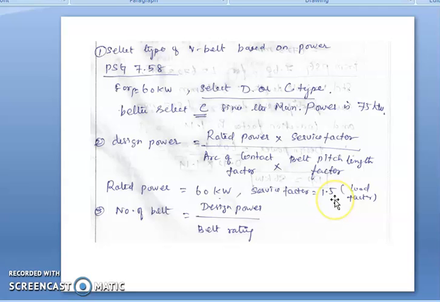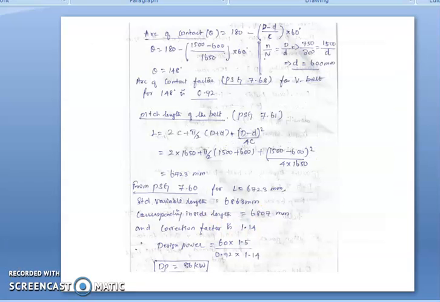So the service factor is 1.5 and the rated power we know. Here we have to find out the angle of contact factor, then the belt pitch length factor. For that we first find out the arc of contact theta and then the respective factors. Similarly, first we find out the pitch length of the belt, then the pitch length factor. Then the number of belts is equal to design power by belt rating.